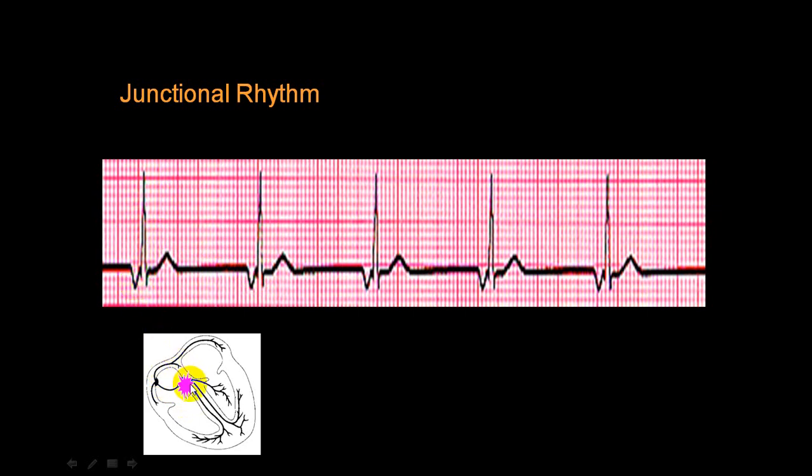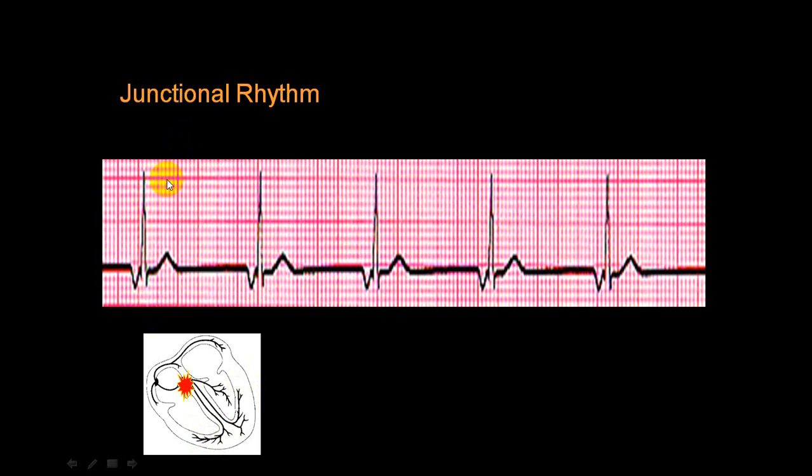Simultaneously it travels through the bundle of His, activating the septum, left ventricle and right ventricle, giving rise to the QRS complex. Here the P wave rate equals the RR rate, so the atrial rate equals the ventricular rate, even in a junctional rhythm.